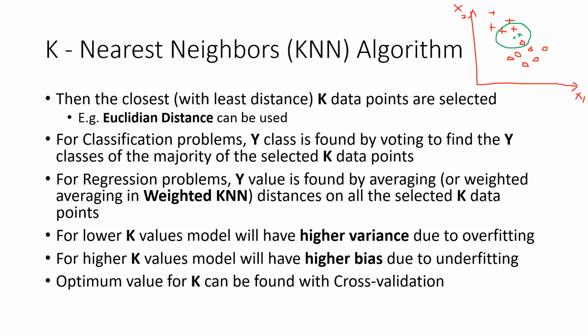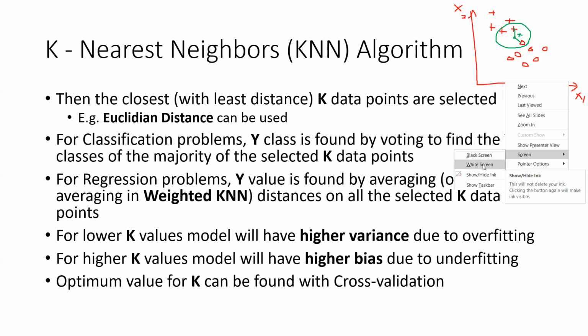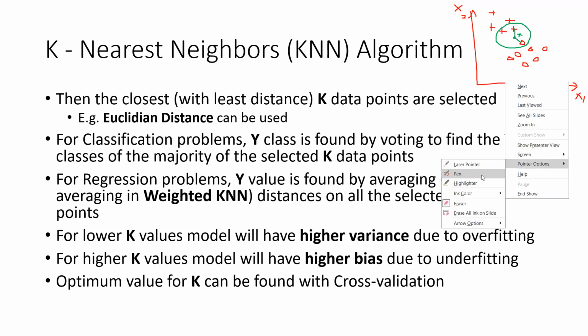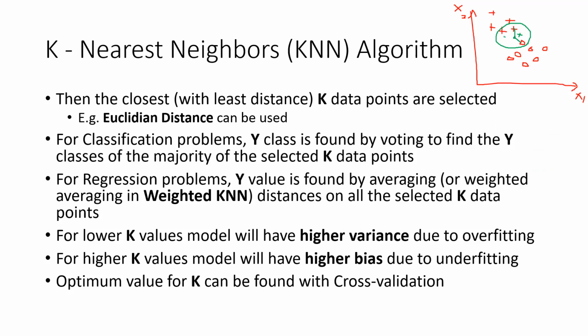Or if it is a regression problem, we measure the distance between this point and this point, and this point up to this point, right? If it is like this, you can find the distance like this.